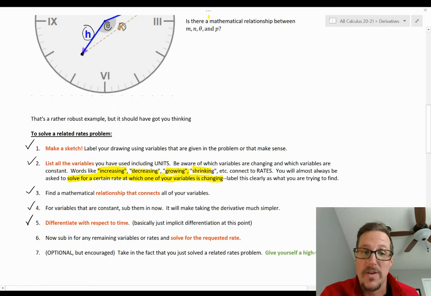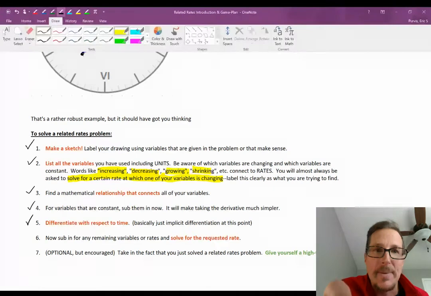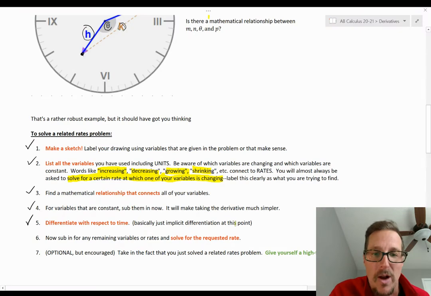And think about this. You're going to be taking the derivative of x and y and p and q and a and b, all with respect to t. Those variables don't match. So think about this as just a big implicit differentiation problem, right?